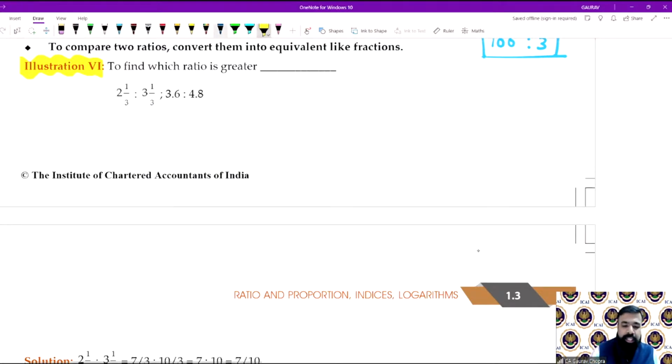First of all, let us simplify them. 2 1/3 ratio 3 1/3. Now, how to write this in simplified manner? So 2 1/3 can be written as 2 into 3 plus 1, that is 7/3. And 3 1/3 can be written as 3 multiplied by 3, 9, plus 1, that is 10/3.